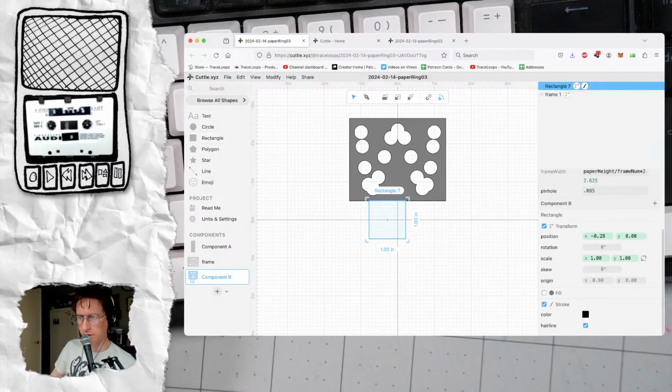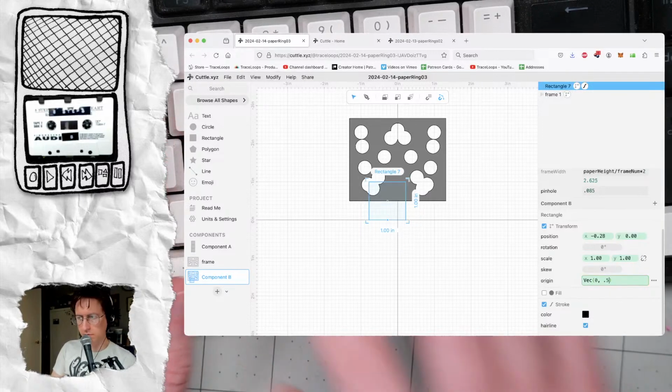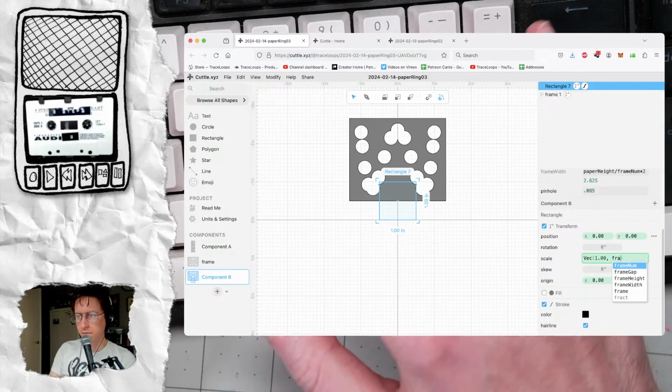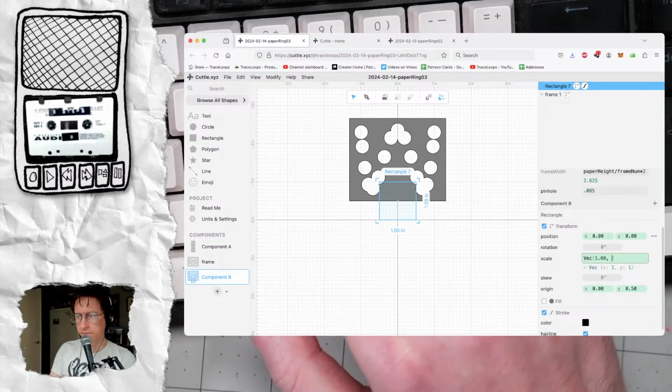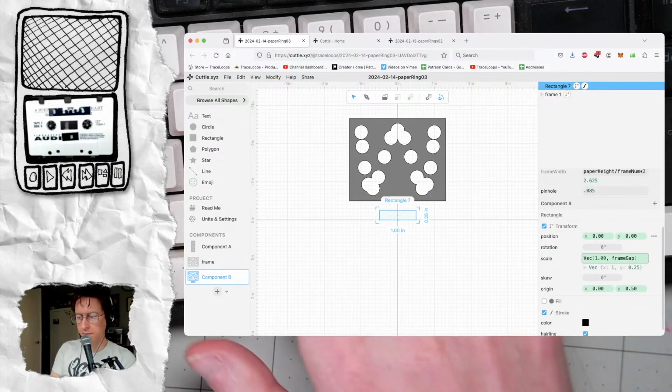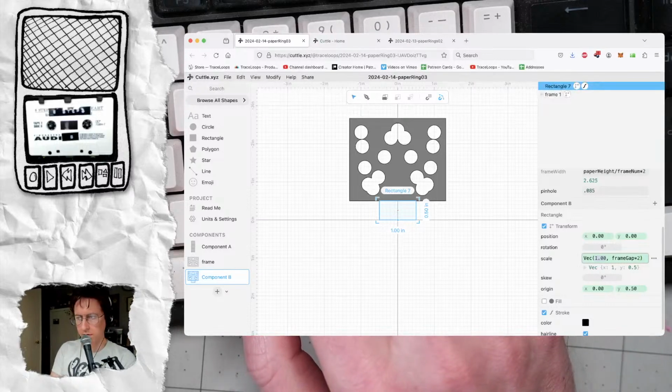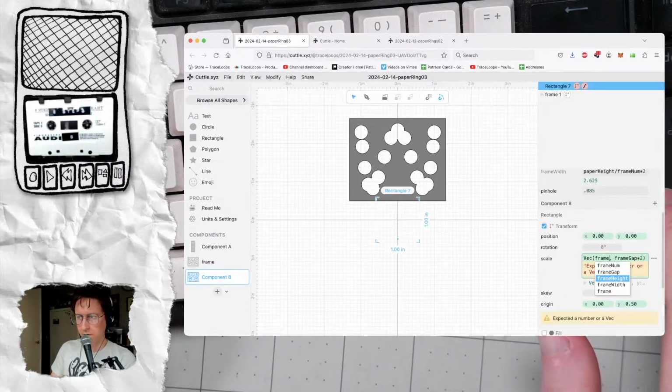And this is going to be 0.5, position is 0, frame gap times 2, and this width is going to be frame width.